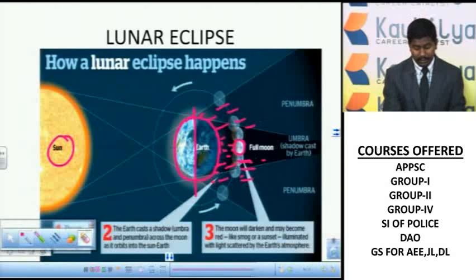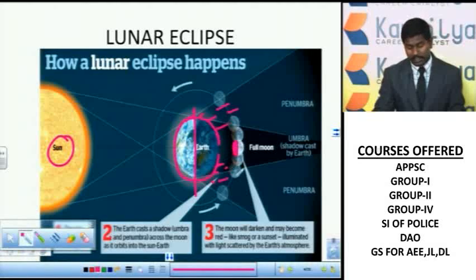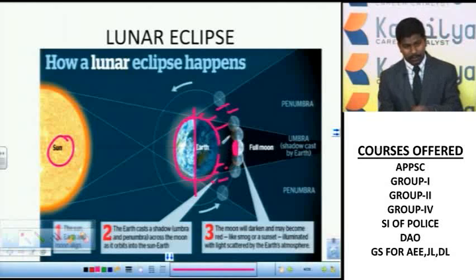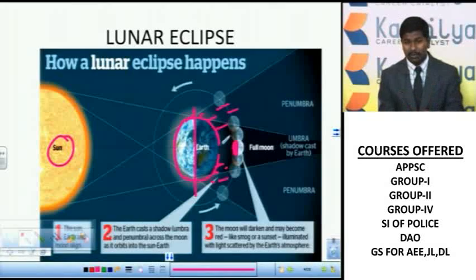On this day, even though the remaining part of the moon cannot be observed, this portion which is illuminated by the reflected light of the earth can be seen. The light incident on the earth's surface gets reflected, and due to that reflected light the moon gets illuminated.